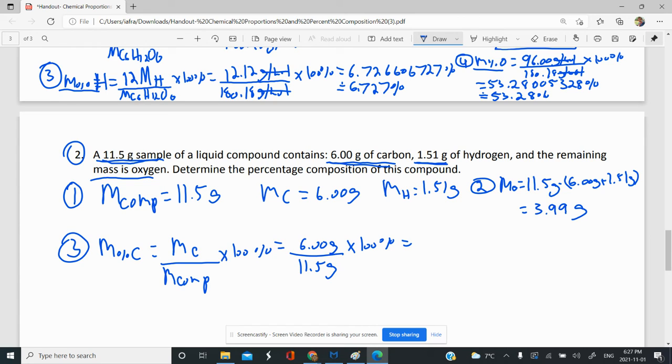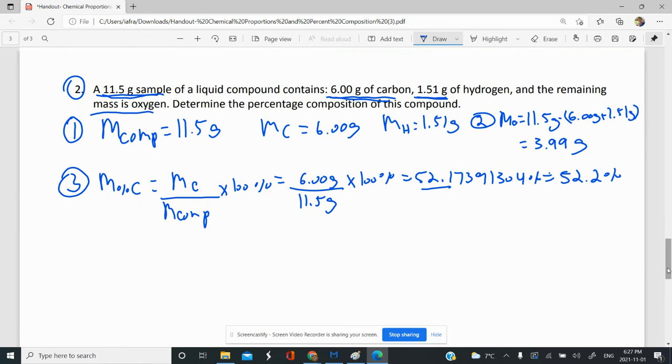And we'll get 6 divided by 11.5 times 100, 52.17391304%, or approximately, to 3 sig figs, 52.2%.